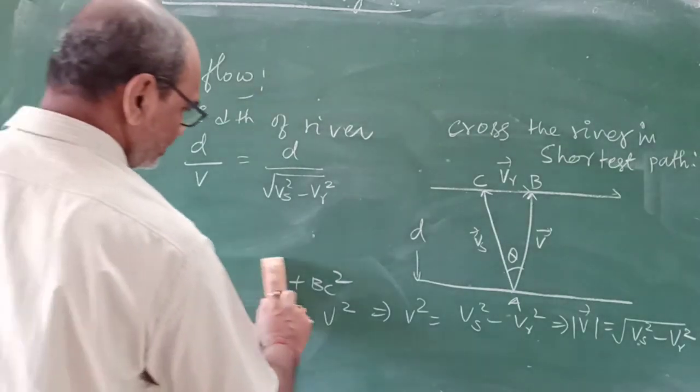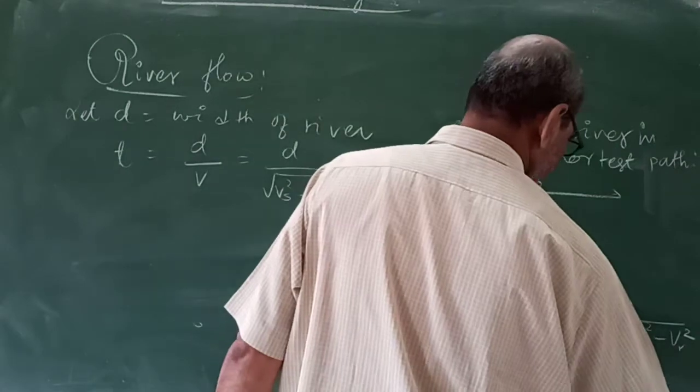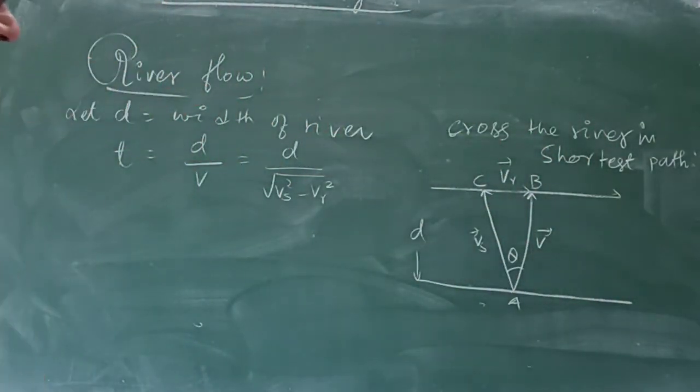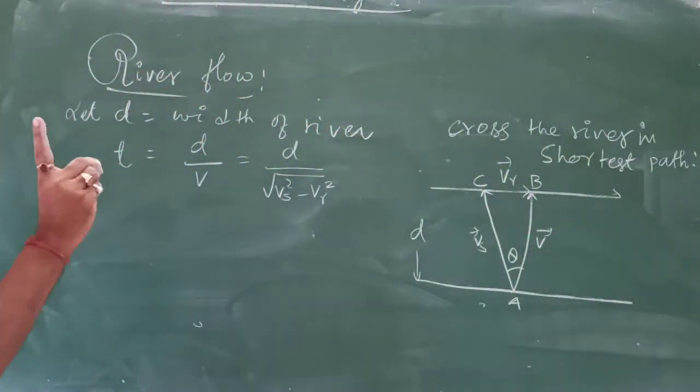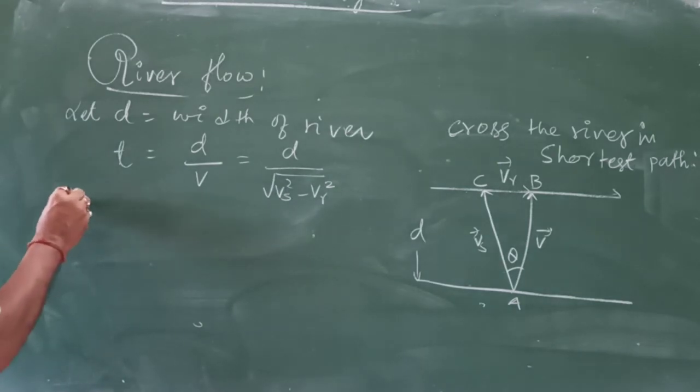Then the direction of swimmer. How can you find the direction of swimmer? We apply the sine concept here.